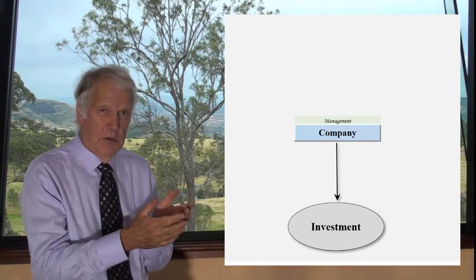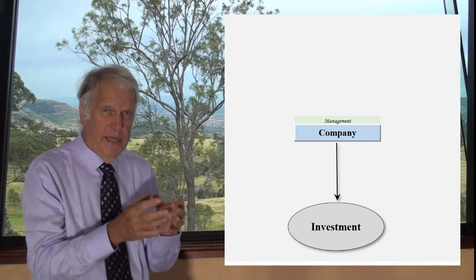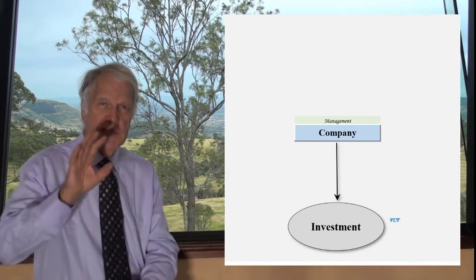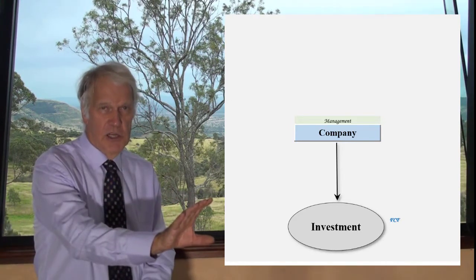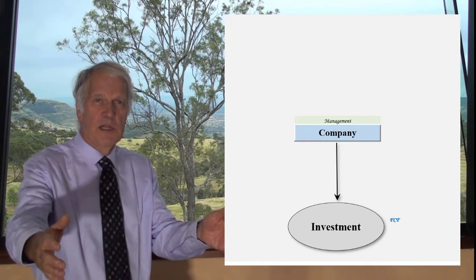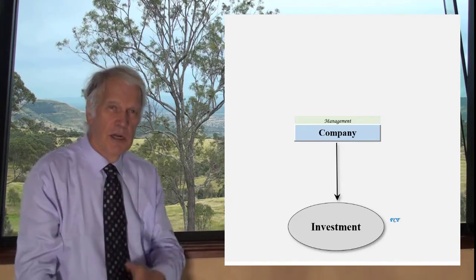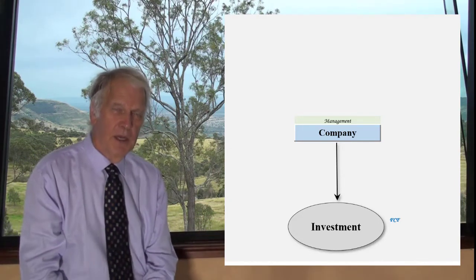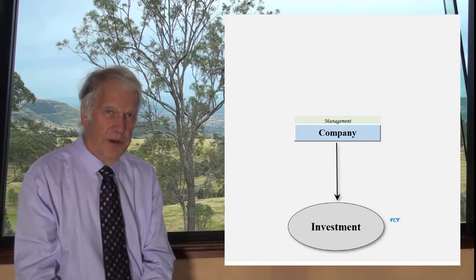So we build a financial model where we identify the free cash flow, that is the investment going in initially, and then the sequence of cash flow returns that will come to the company over a relevant period of time. In other words, the free cash flow.